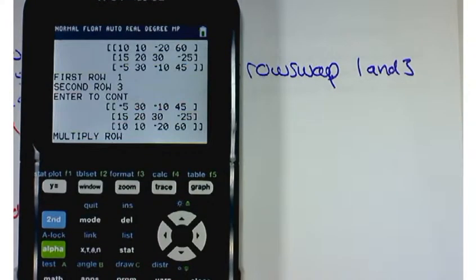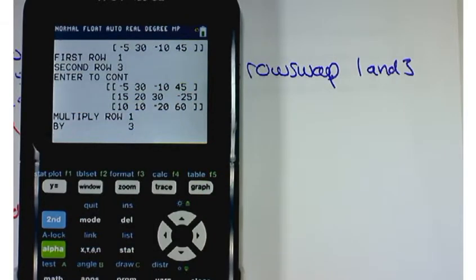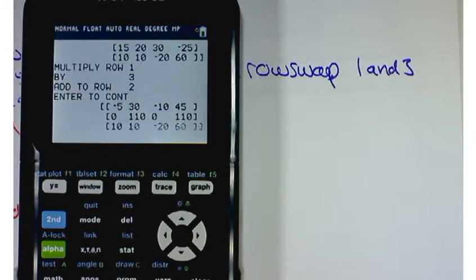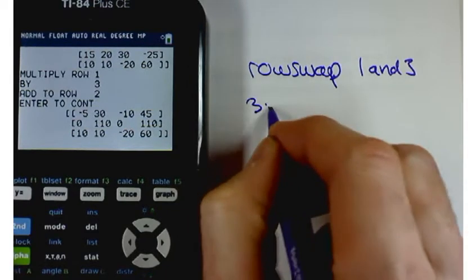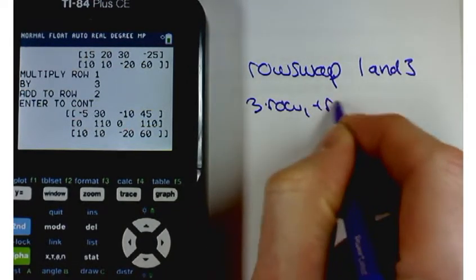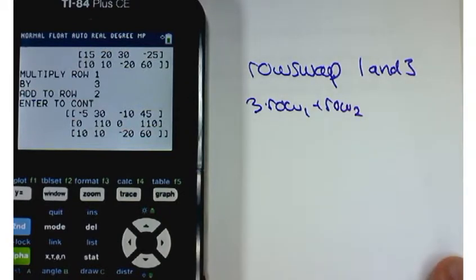So multiply row 1 by 3 and add it to row 2. So you could write it like this. 3 times row 1 plus row 2. Okay.